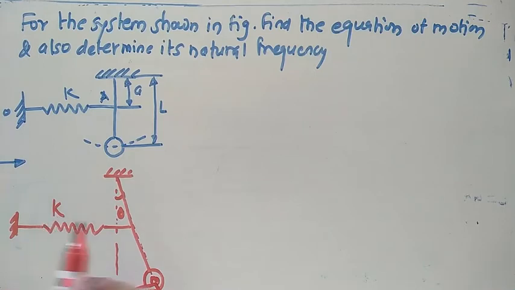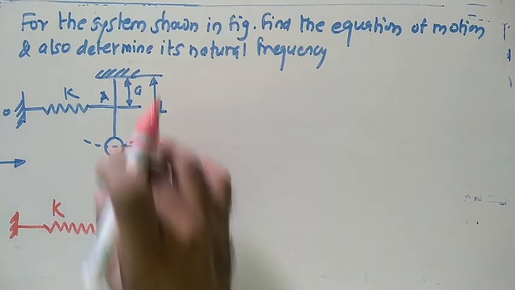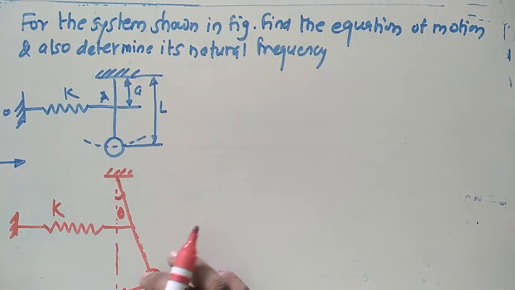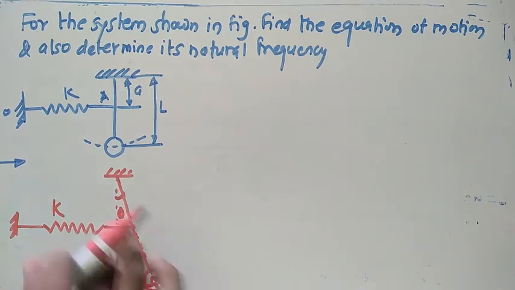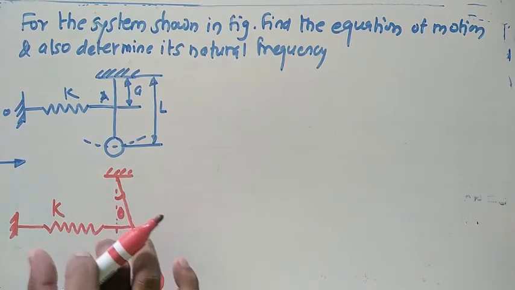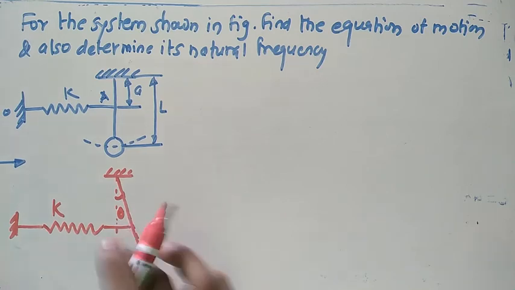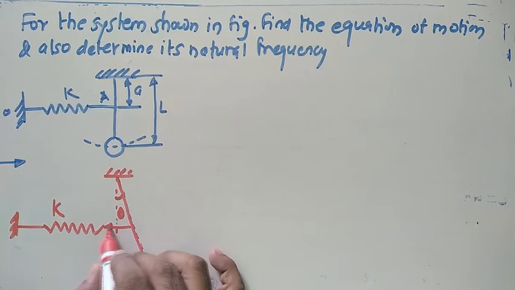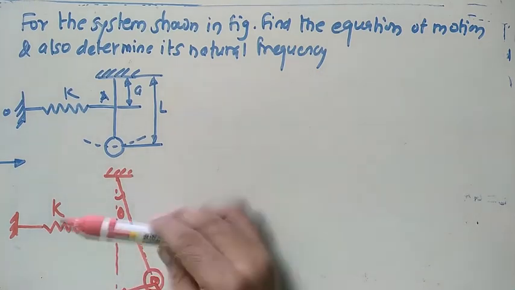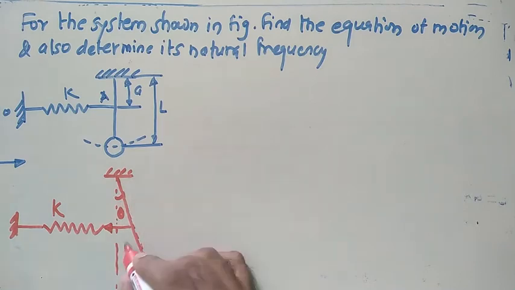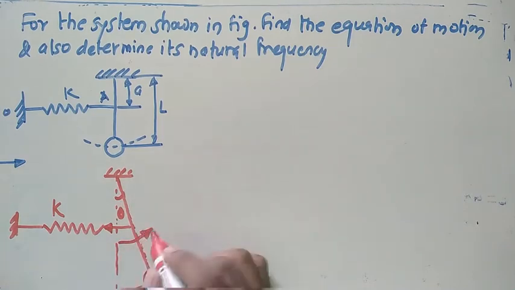When I pull this simple pendulum towards one side, the spring has a tendency to stretch. Whatever spring force comes inside that spring is on the opposite side of the motion of this simple pendulum.